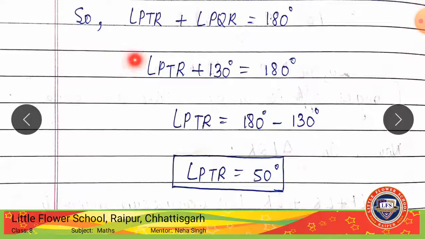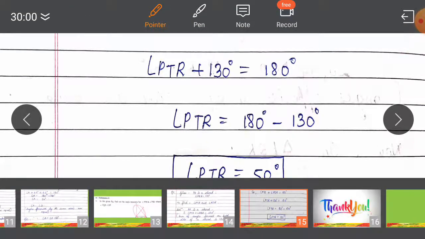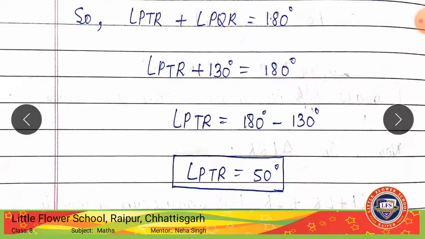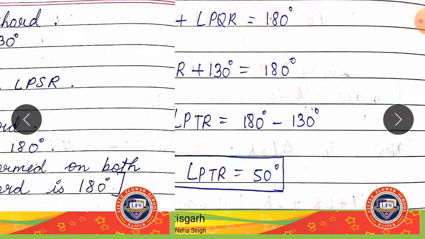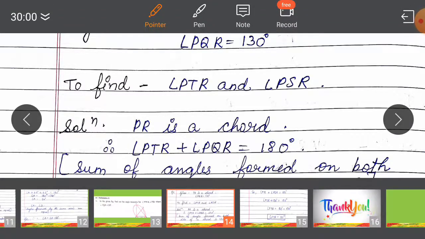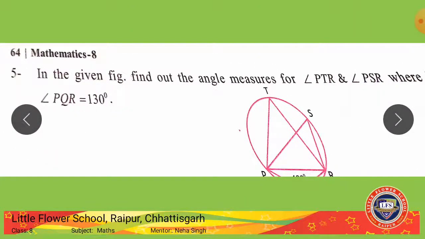To find the value of PTR, it is understood what we have to do: 180 minus 130, which is 50. So what is the answer? The value of angle PTR is 50 degrees, right? This is what we needed to find. See, PTR and PSR.